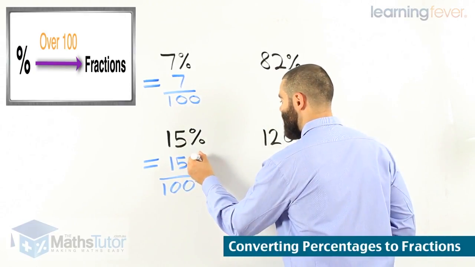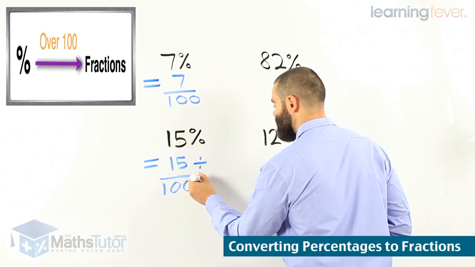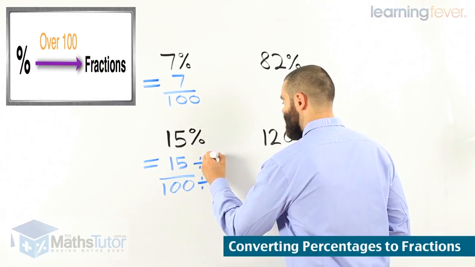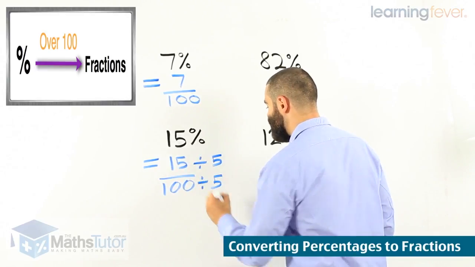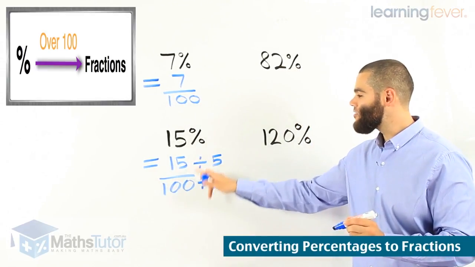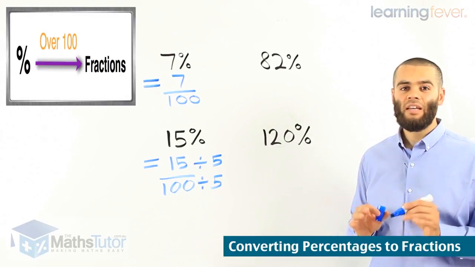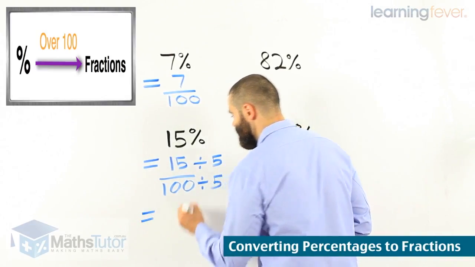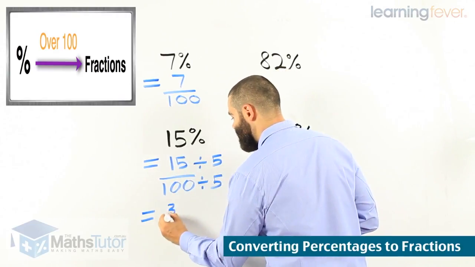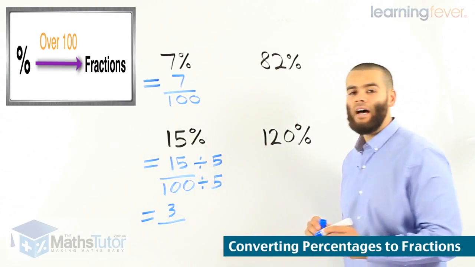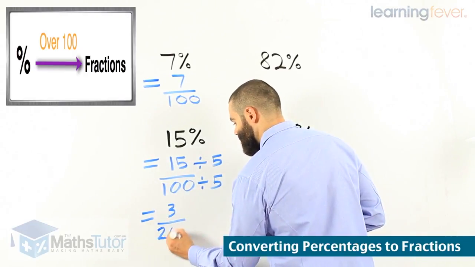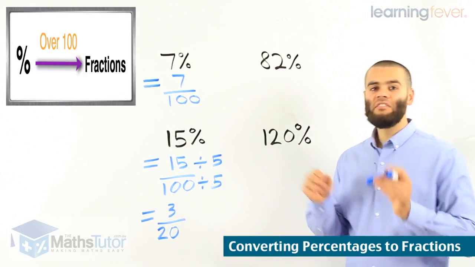We simplify by looking for the HCF, the highest common factor, divided by 5, because 5 is the highest common factor in 15 and 100, which means 15 divided by 5 is 3, and 100 divided by 5 is 20. So what does that mean?